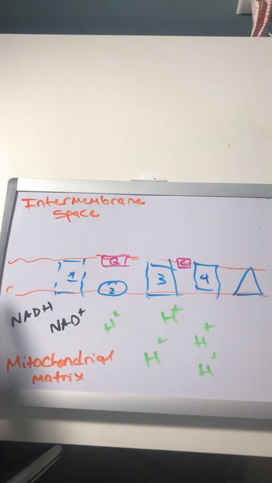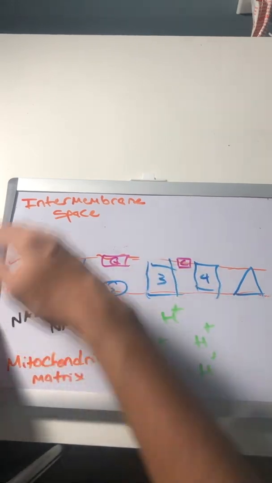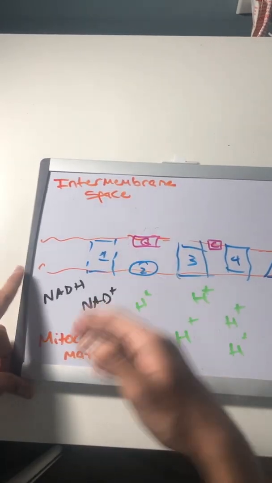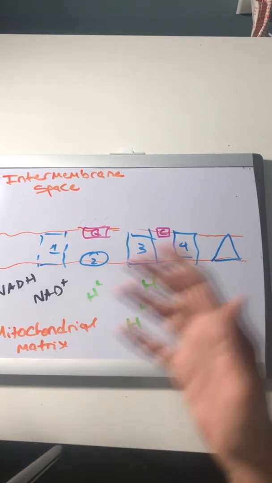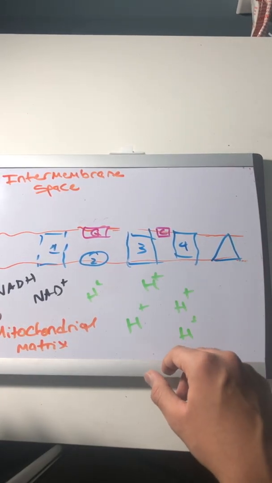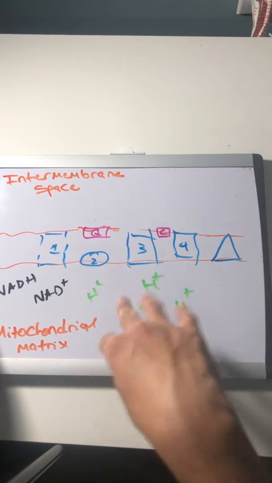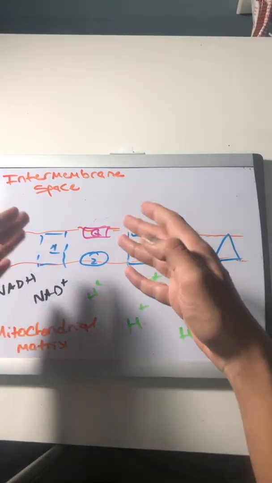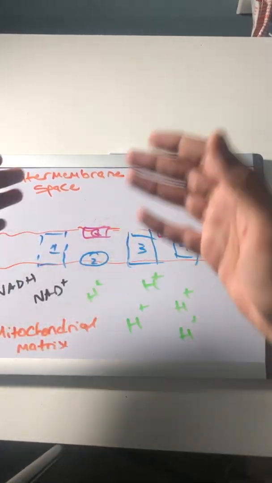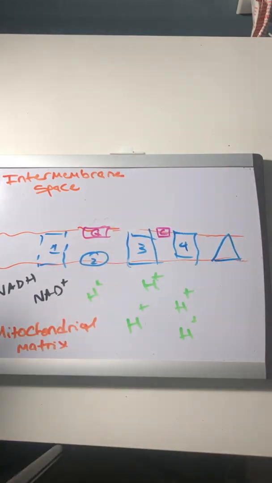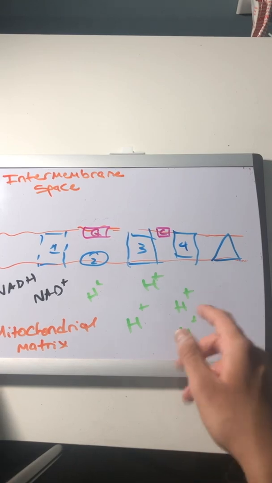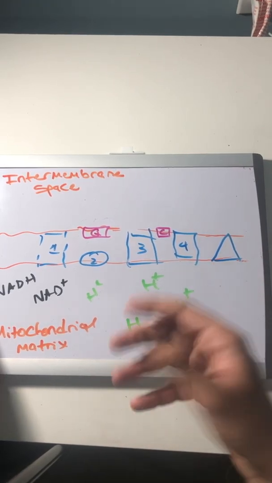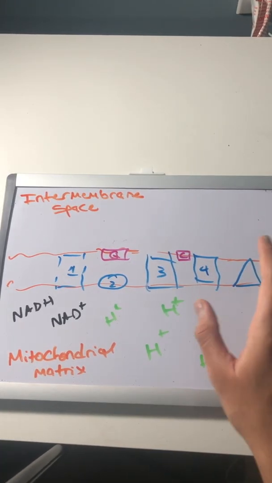Then all of those protons go through ATP synthase and back into the mitochondrial matrix in order to make ATP. So let me repeat that. All of these hydrogens go from these complexes into the intermembrane space, make a huge proton gradient, and go back through chemiosmosis or ATP synthase and make ATP. Sorry about that confusion.